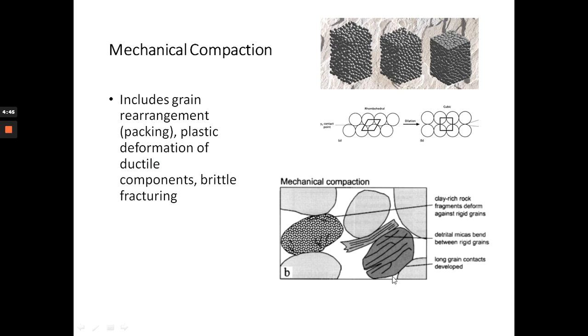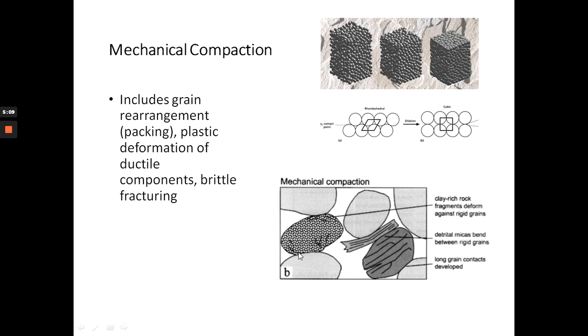So for example, here, this is a mica grain in between other kinds of grains here. So your mica grain bends. This is ductile deformation because of the compaction. Okay? Being pushed together by these two grains here. So this is bent. Okay, so that is ductile deformation. But you can also get brittle fracturing, brittle grains.